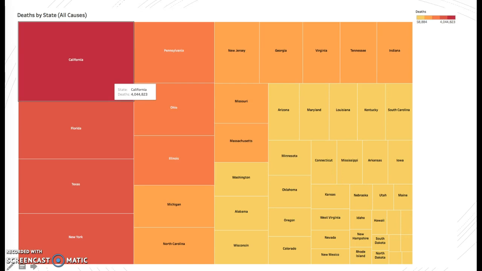For instance, what do the states of California, Florida, Texas, and New York have in common? Besides having more deaths compared to the other states, they happen to be coastal states.